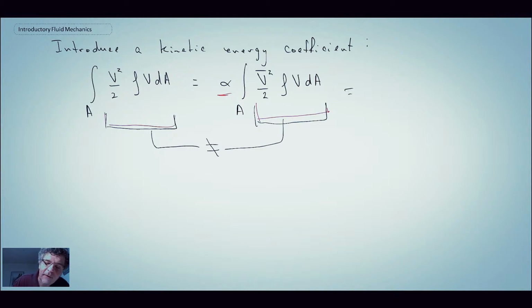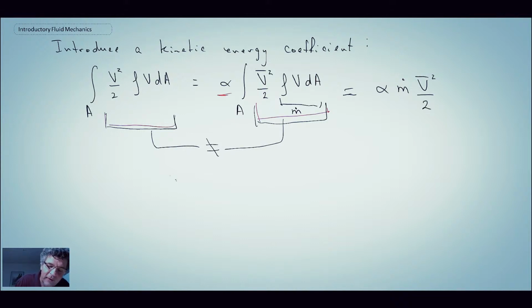And I can further express what's on the right-hand side with alpha. And then we have mass flow rate. That is, rho V dA is m dot. And it's multiplied by the average velocity squared divided by 2.